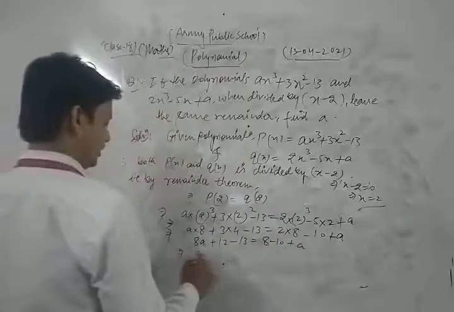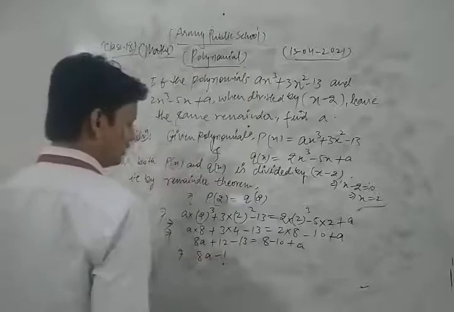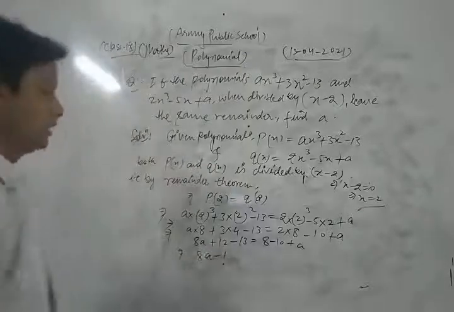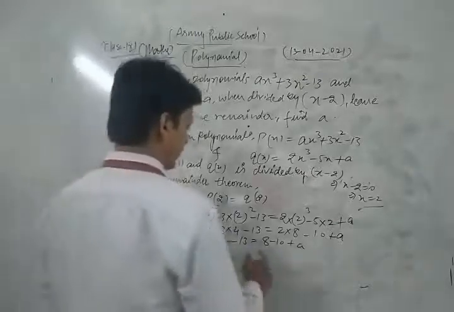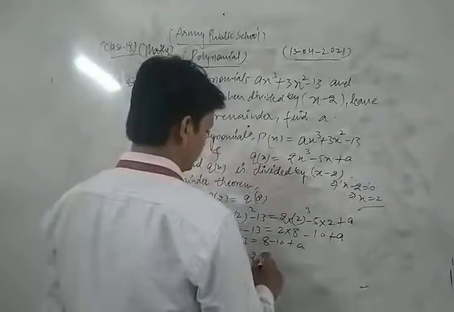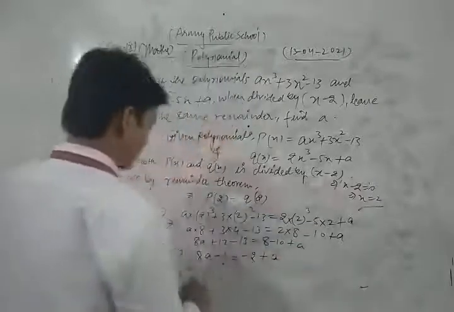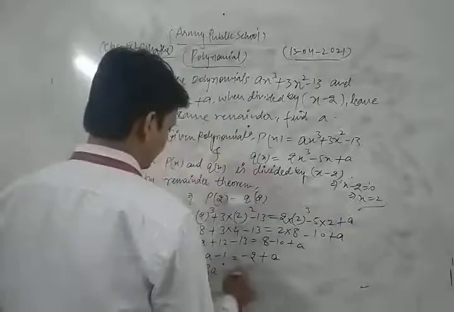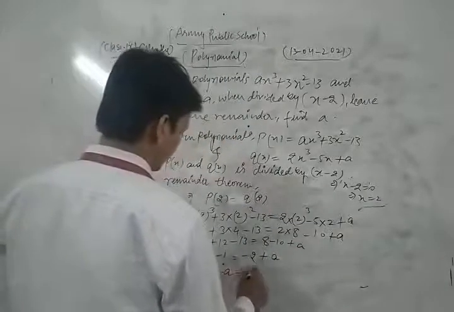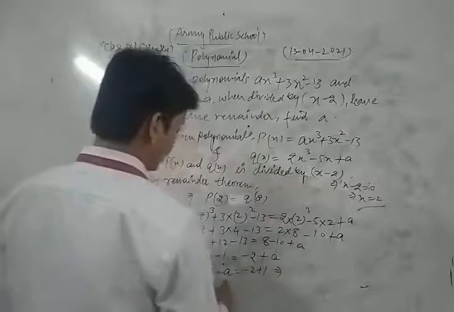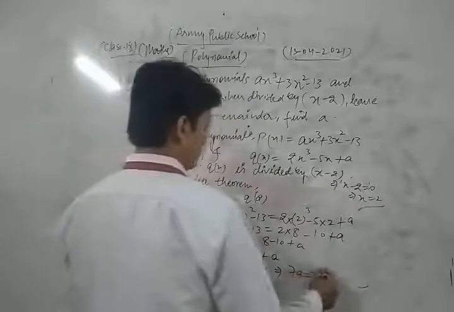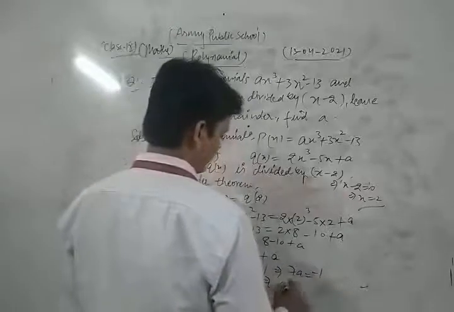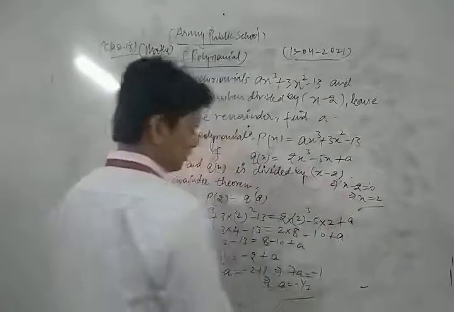So minus 1 is left, and here 16 minus 10 is 6. Now taking terms together, 8a minus a is 7a, equal to minus 1. Thus the value of a is equal to minus 1 by 7.